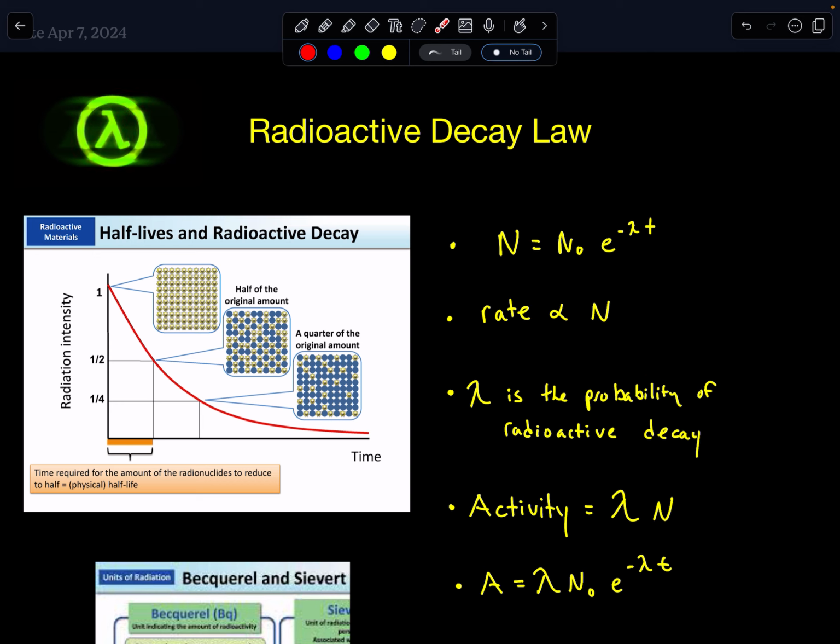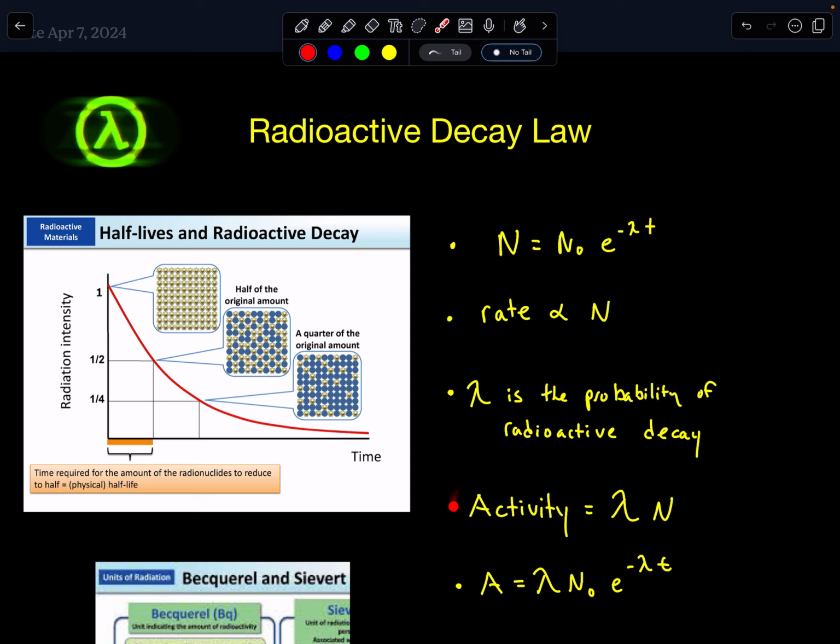So if I see that the lambda constant for a radioactive substance is very high, that means there's a high probability it's going to decay, and it would decay quickly. And t represents the total time that the sample is decaying. Again, according to the rate law, the rate of radioactive decay is proportional to the total number of atoms present. That's why the slope is steepest over here.